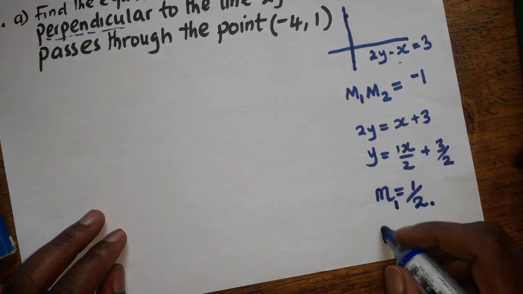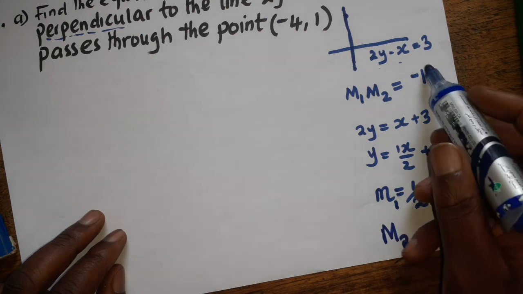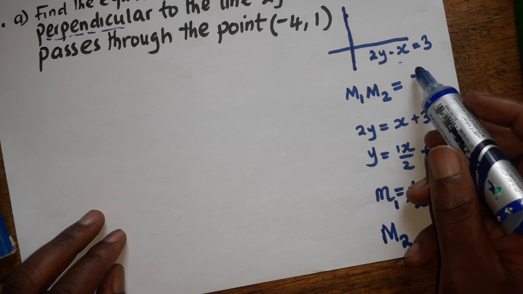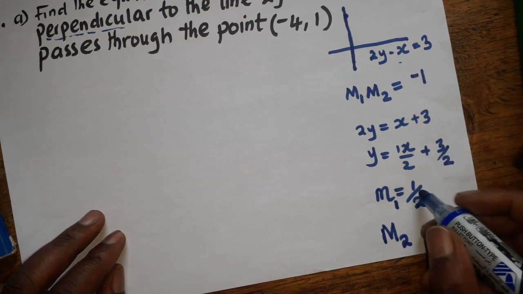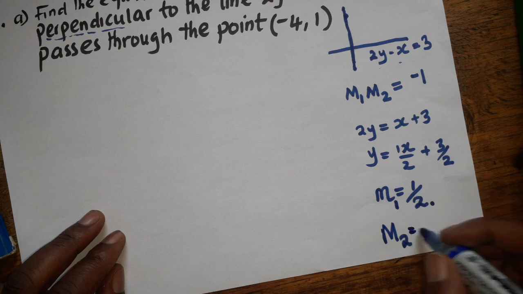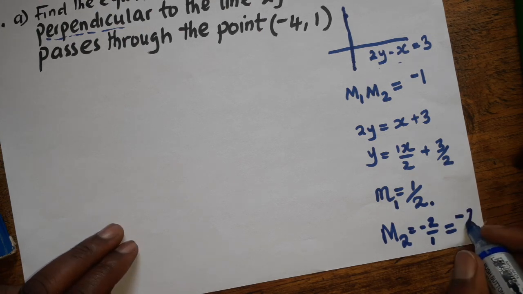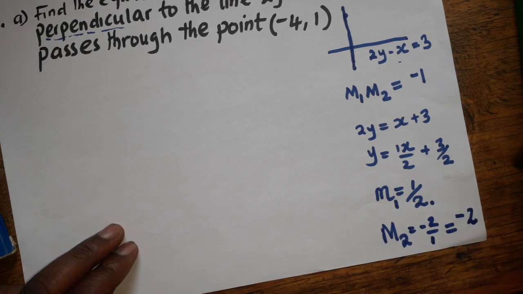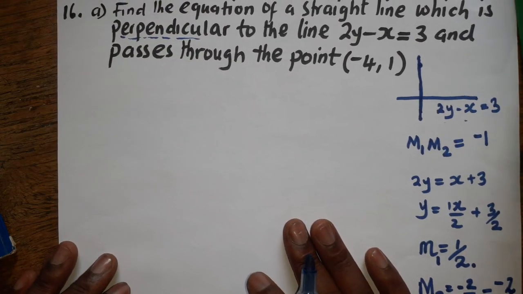So what will be our m2? Our m2, already the fact that the product is supposed to be negative, so our m2 must be a negative. So it will be the reciprocal of this one. So it will be like -2/1, which is just the same as what? -2. All right? I hope this is clear.